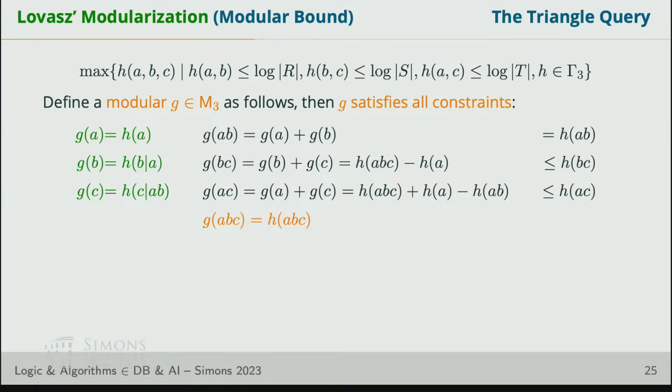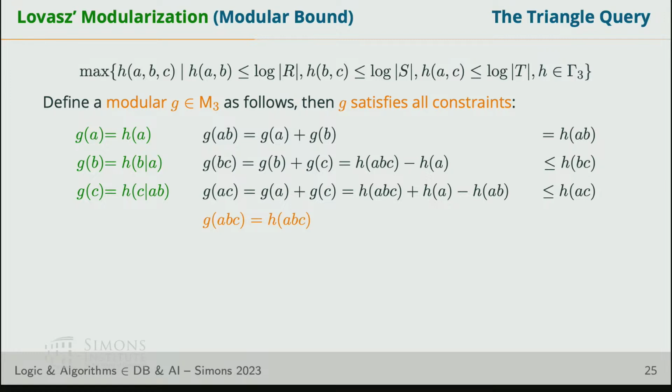And then g of AC is smaller than h of AC by submodularity of h. And so what this means is that g is a modular function that satisfies all three of the constraints that h was supposed to satisfy, because they are even lower, right? g of AB is smaller than h of AB, g of BC is smaller than h of BC, and so on.